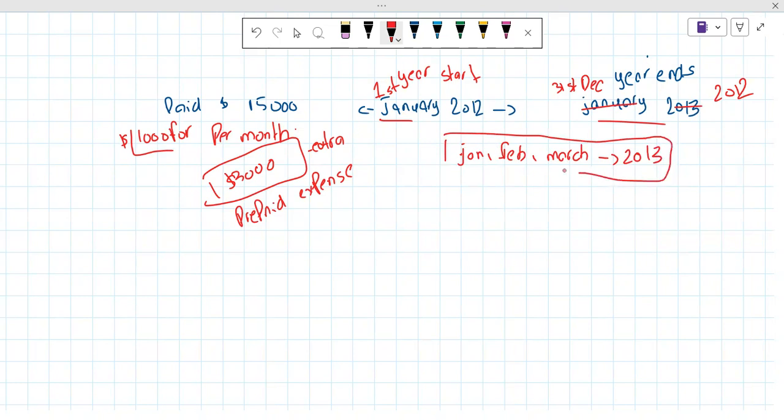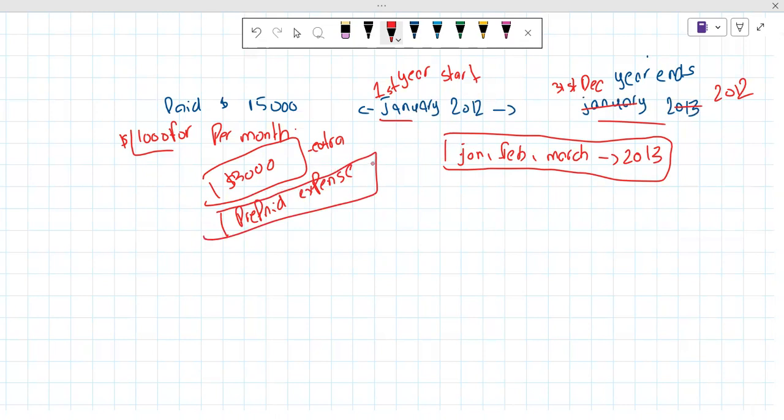You just made this payment for January, February, and March. So you just paid 3 months of extra payment. So this is your prepaid expense in your income statement.